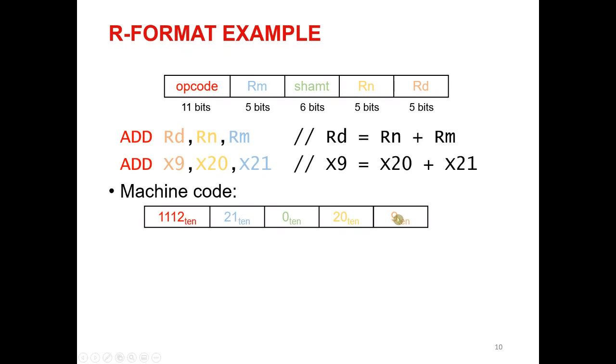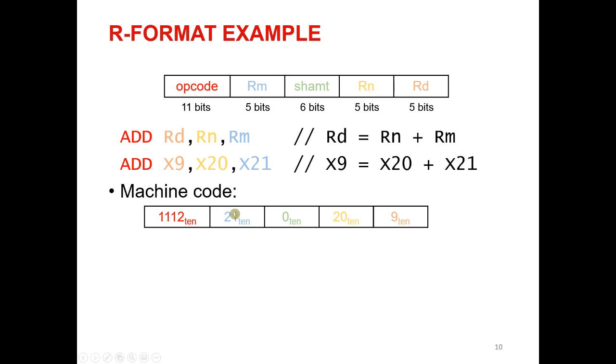Okay? And we do the same for the rest of registers. The first input register, Rn, in this case is register 20, so we just place here a 20. For the shift amount, in this case it is 0 because it's not used. And the second register input is 21, the register in blue here.